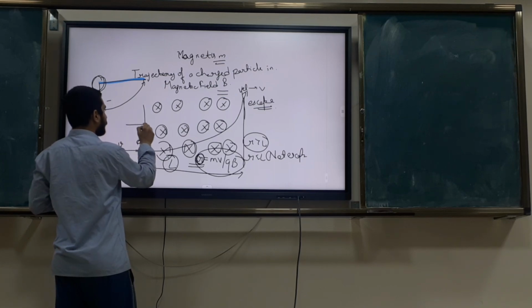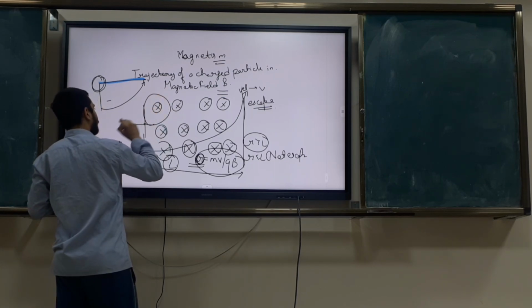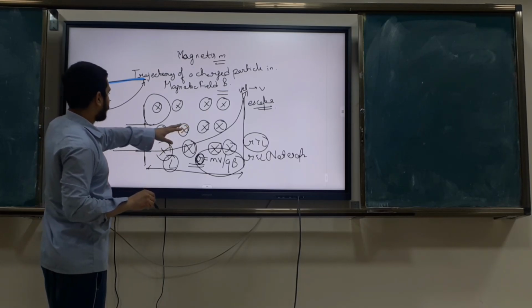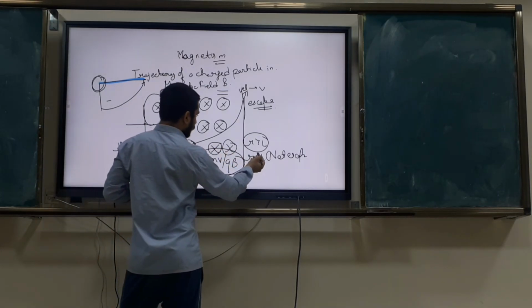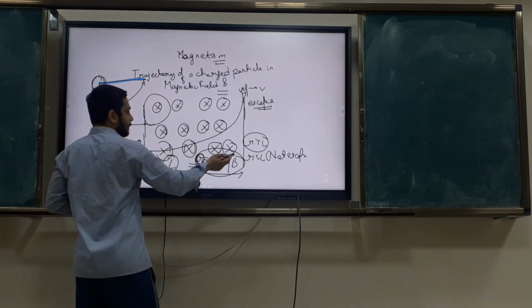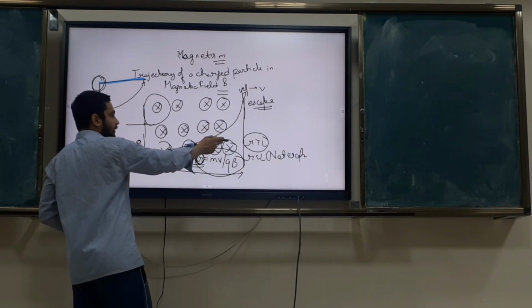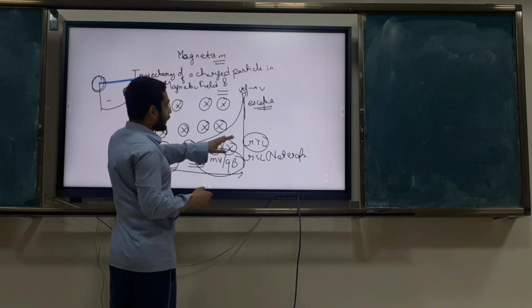If we send from here and the radius is greater than L, it will escape, and if the radius is less than L, it will not escape.